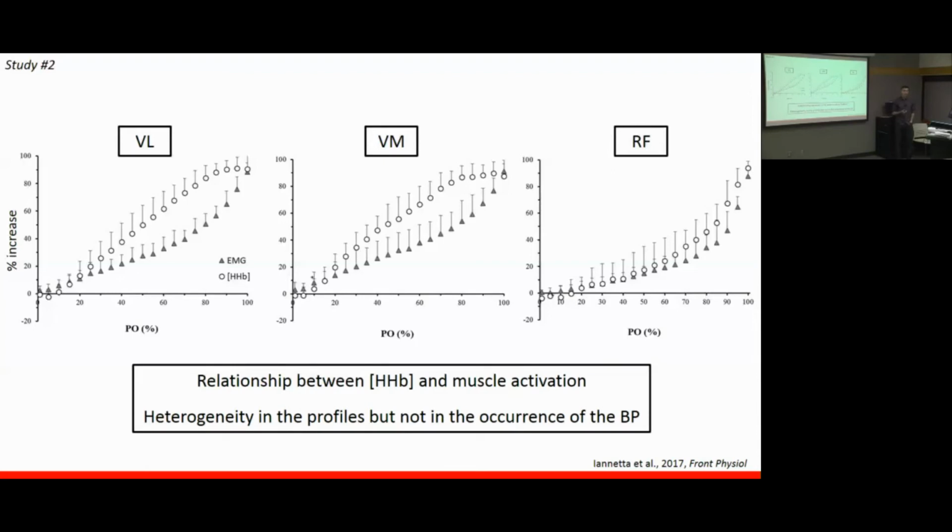Yeah, absolutely. So with the VL, if you did the same protocol, but instead of cycling you did something that specifically isolated the VL and fatigued it, do you think that you could exceed that plateau?